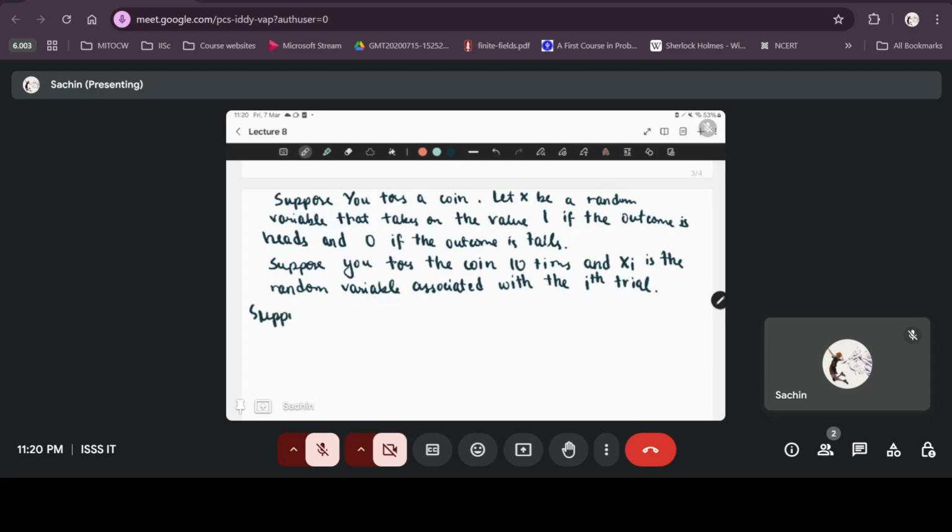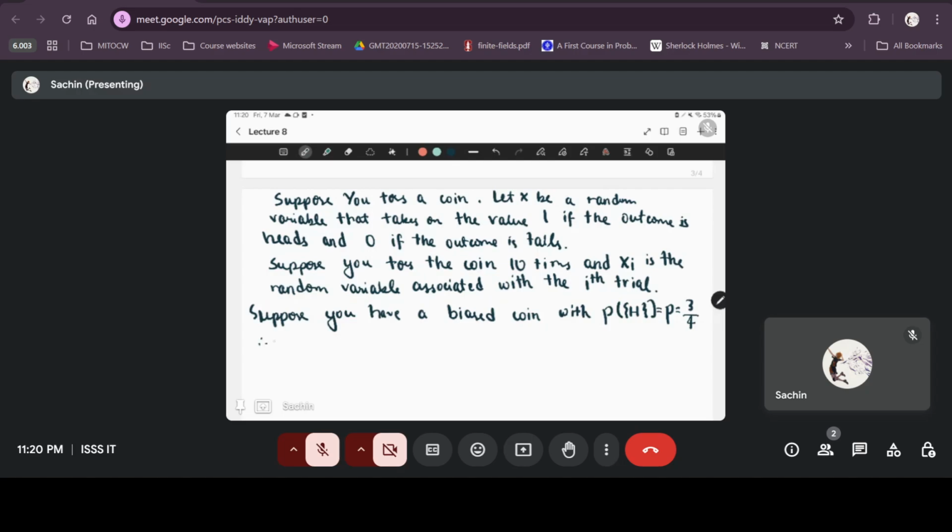Suppose you have a biased coin with probability that heads occurs equal to P, which is 3 over 4.